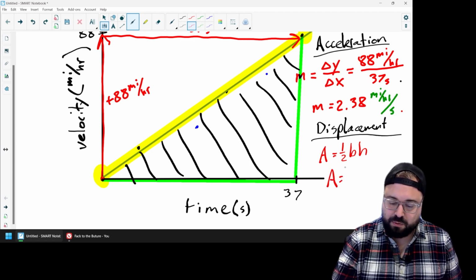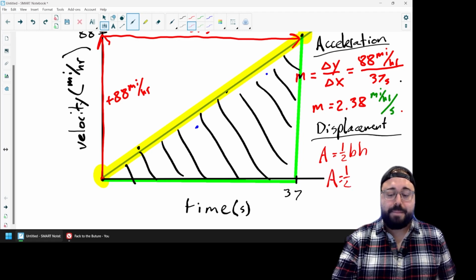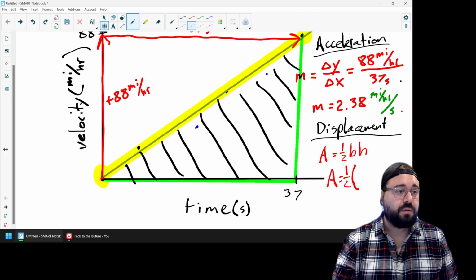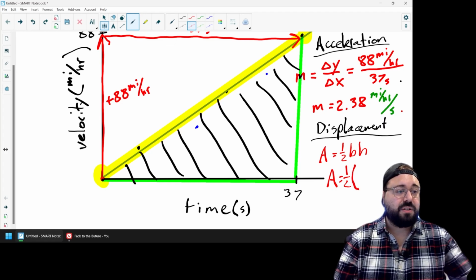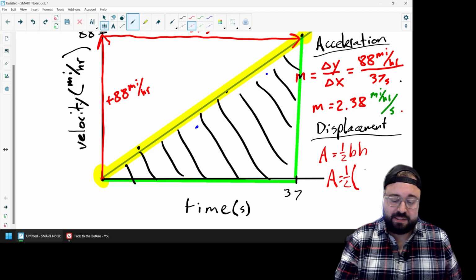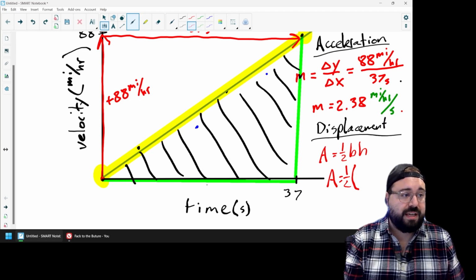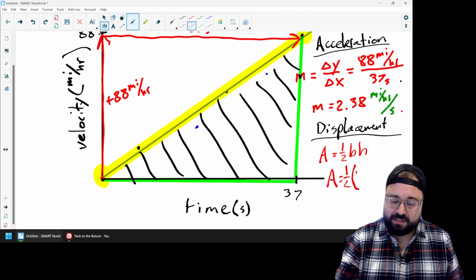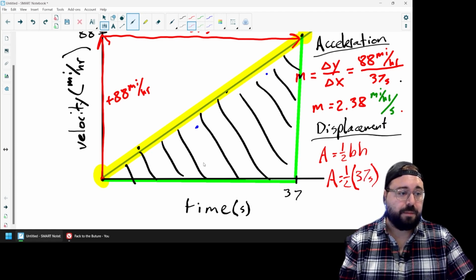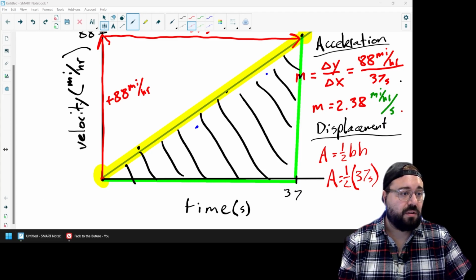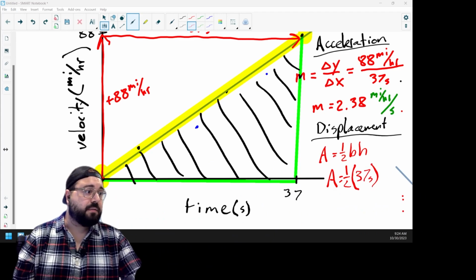So area equals 1/2. What is the base of this triangle? Well, the base of this triangle is down here, 37 seconds. I'm putting those units in there on purpose. Let me move my lovely camera. Oh, there we go.